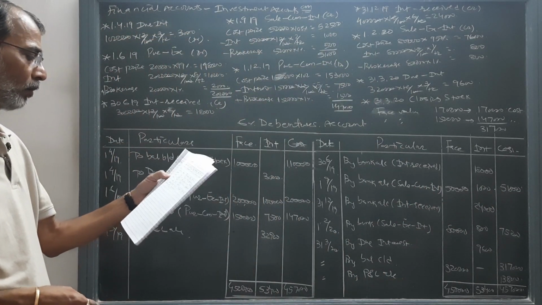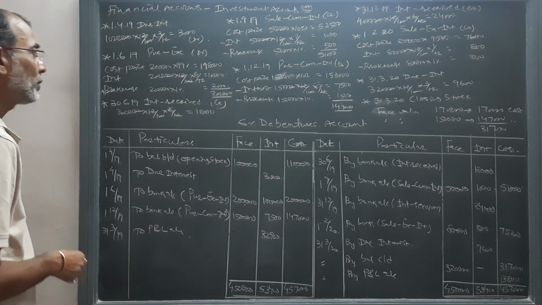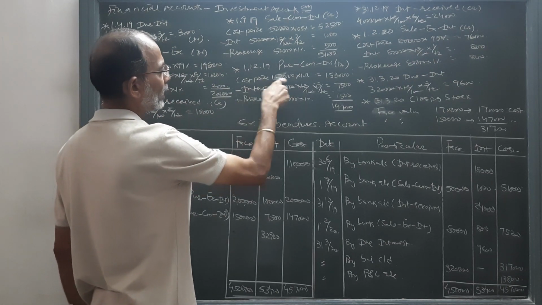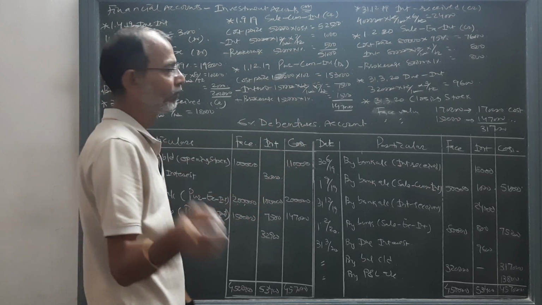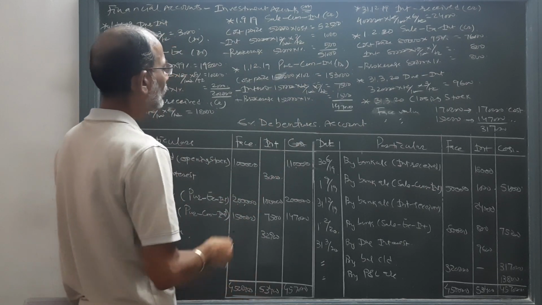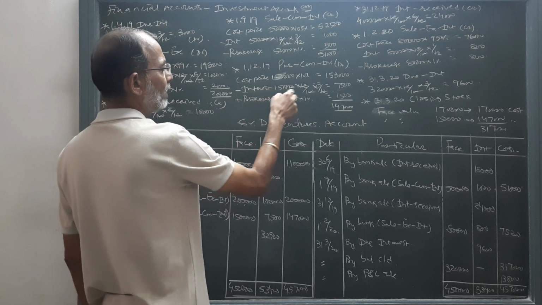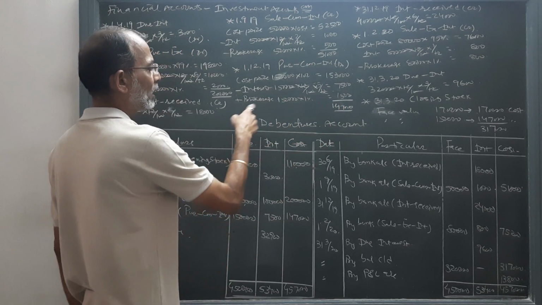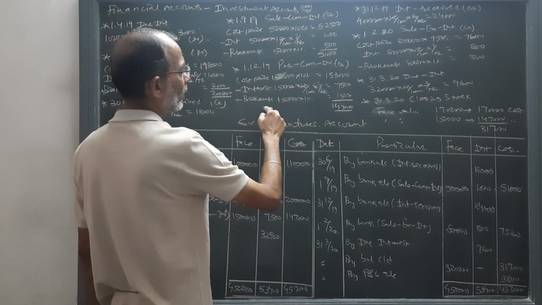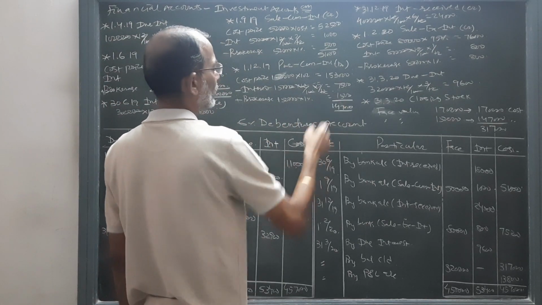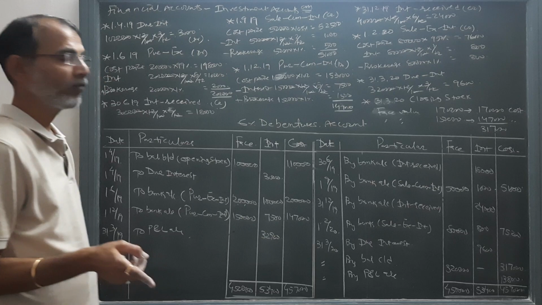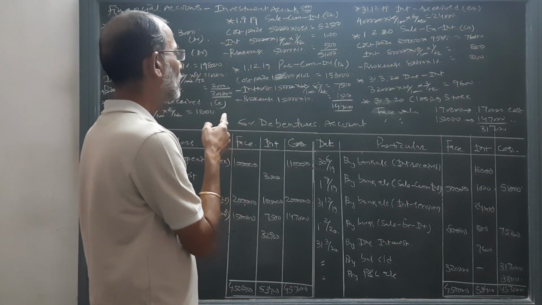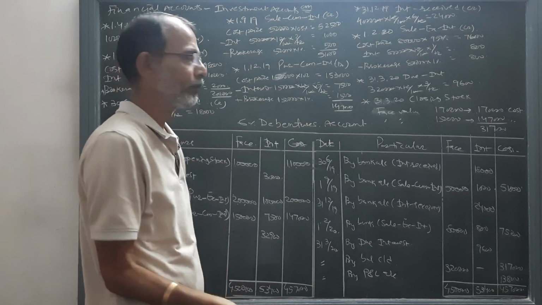Then on 1st December, a purchase has been made, face value 150, cost price 102%, 1,53,000. Interest on 150 for 5 months, 12%, 7,500. Brokerage 1% of 1,50,000, 1,500. Now when you are purchasing, brokerage will be added, and there is a cum interest purchase, so interest will be subtracted.